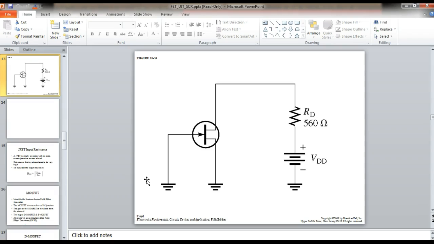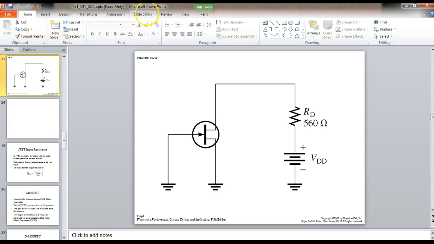Similar to the BJTs, where we can hook them common emitter, common collector, or common base, in the FETs we can hook them common source, common drain, and common gate. And of course, remember how we identify the leads.